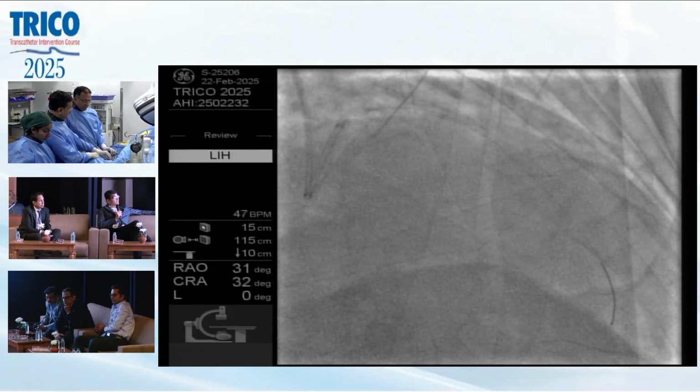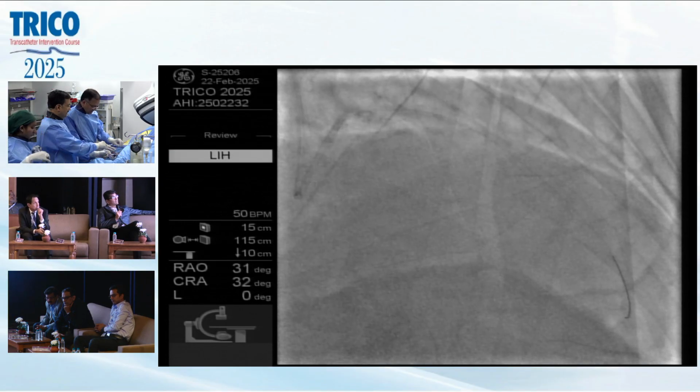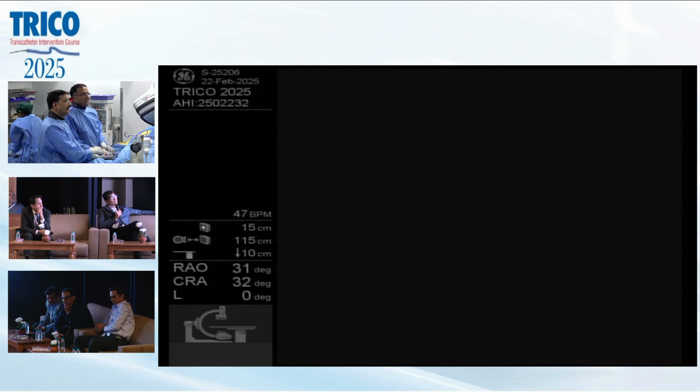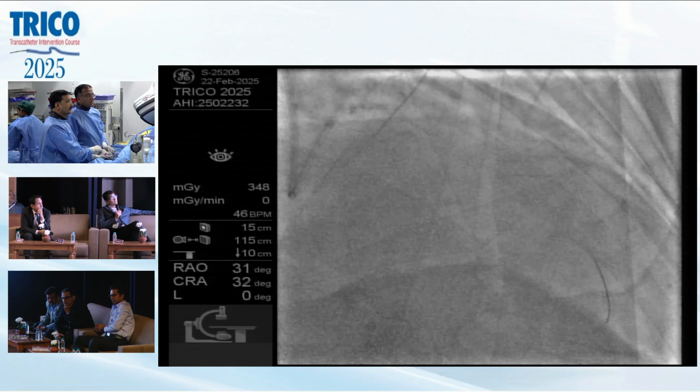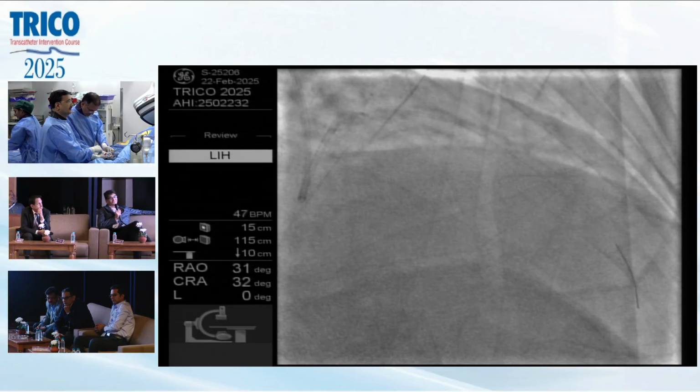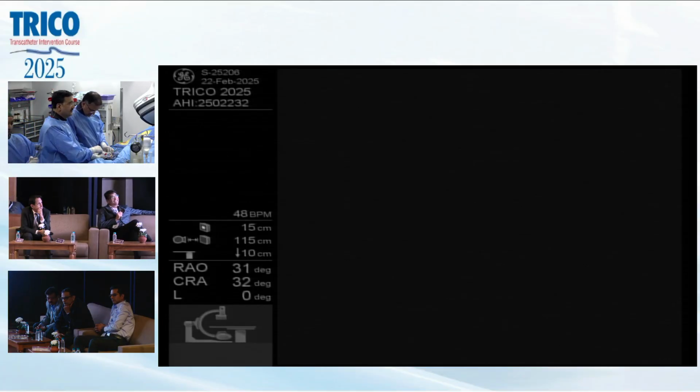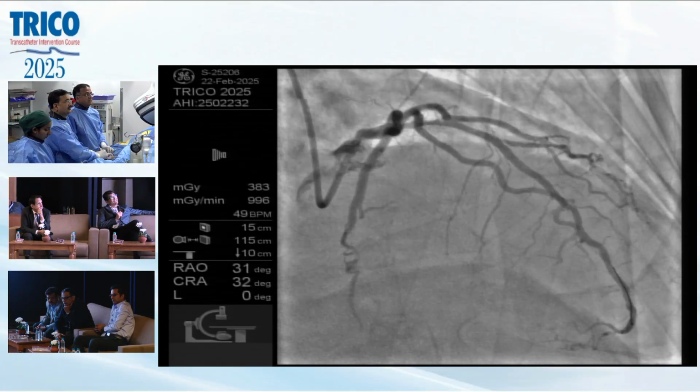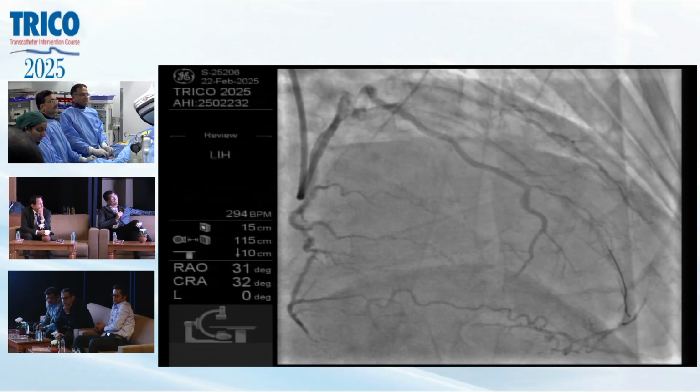It's impossible for us to do DCB for a lot of cases. In my hospital, we have restrictions on which patients we should use a DCB in. We didn't get approval from the CEO. Only patients with 2 layers of stent ISR are allowed to get a DCB.